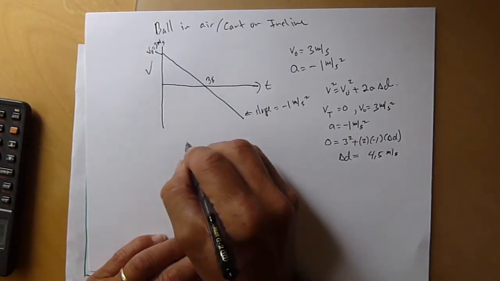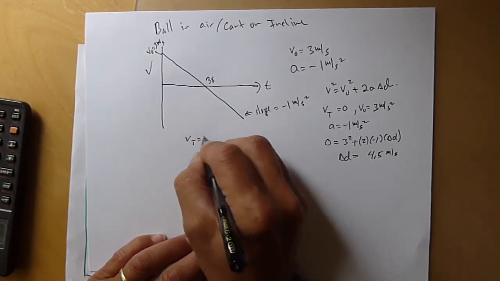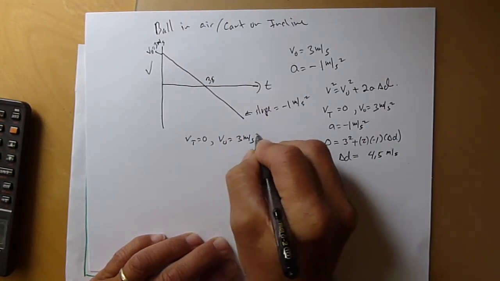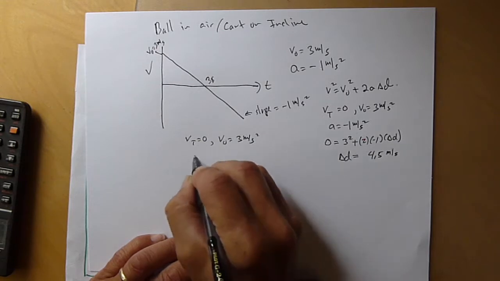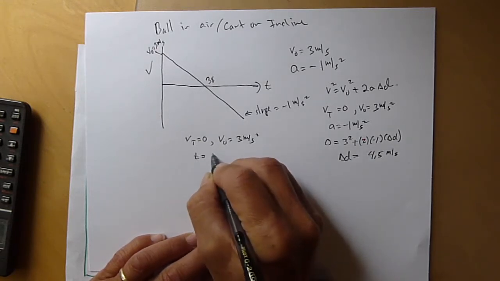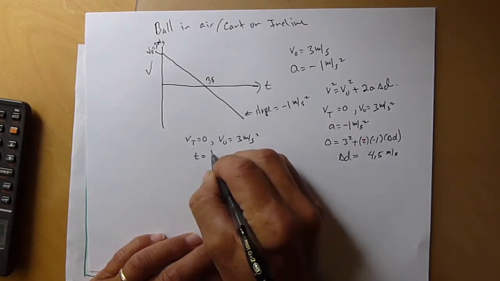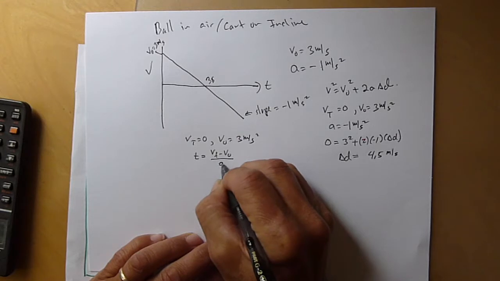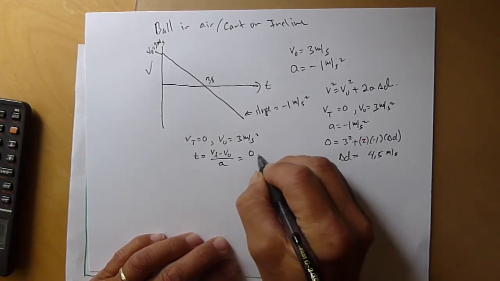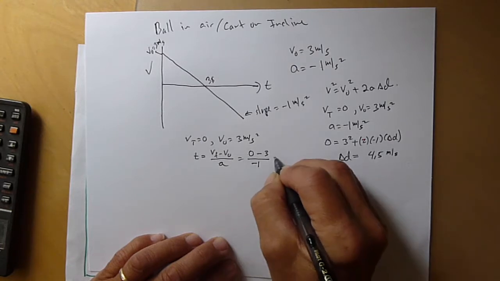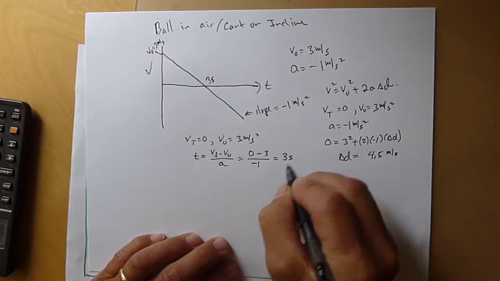Or we can do this. We know that v at the top is 0, v0 is 3 meters per second, and we know that the time to get to the top is going to be t equals v final minus v0 divided by a. 0 minus 3 over minus 1 is 3 seconds.